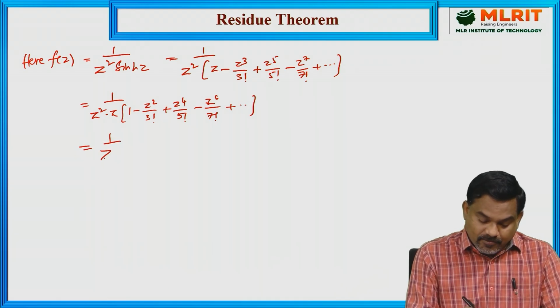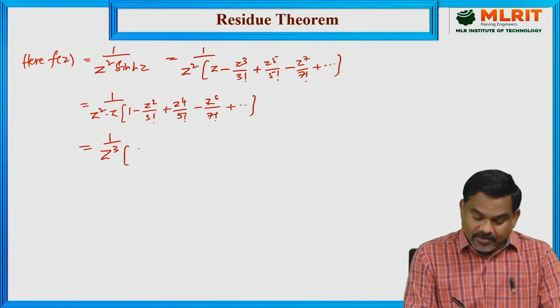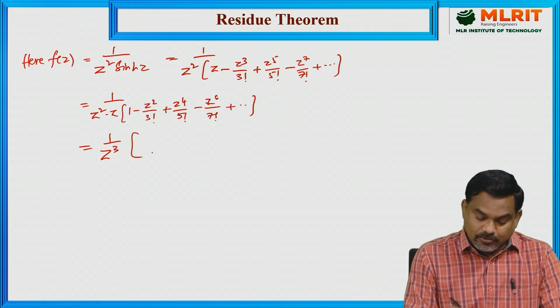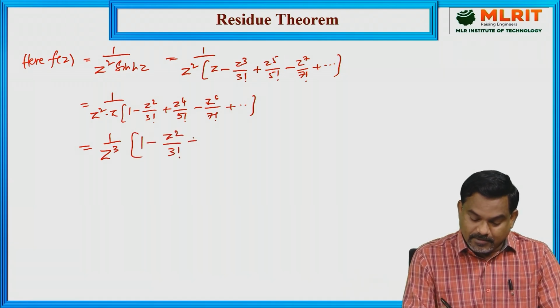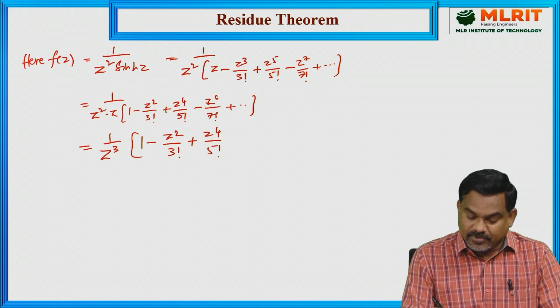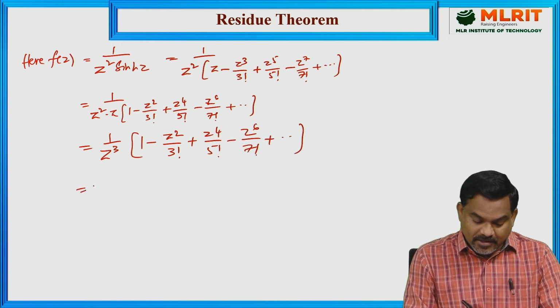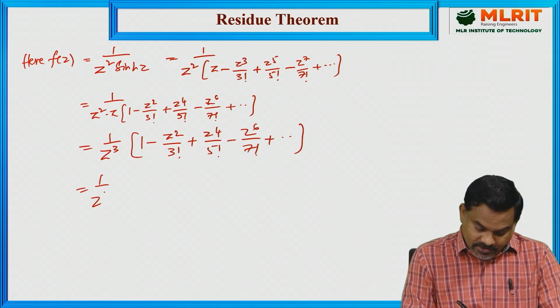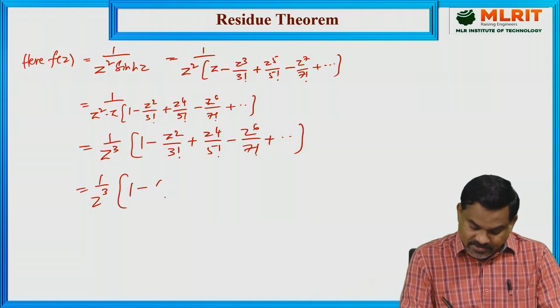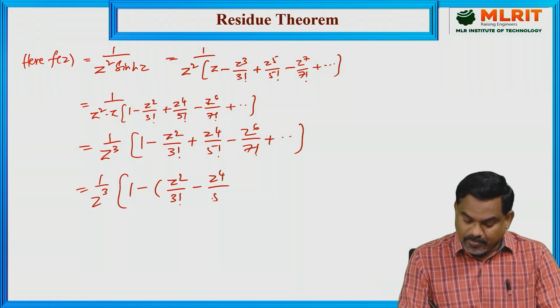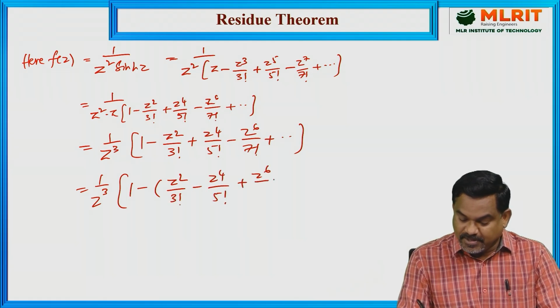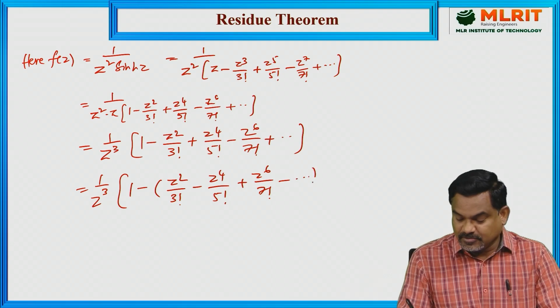Now this is equal to 1 by z cube into 1 plus z square by 3 factorial plus z power 4 by 5 factorial plus z power 6 by 7 factorial and so on, the whole raised to power minus 1.